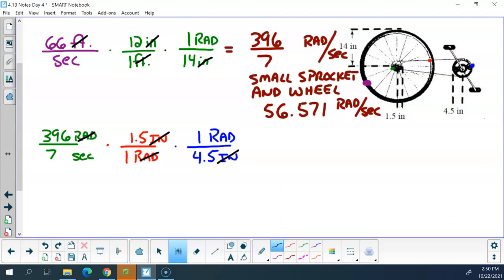So this would give me angular speed. I get 132 over 7 radians per second of the big sprocket.